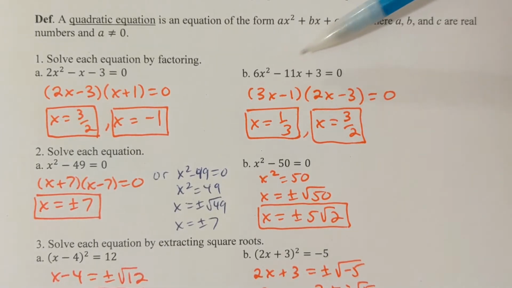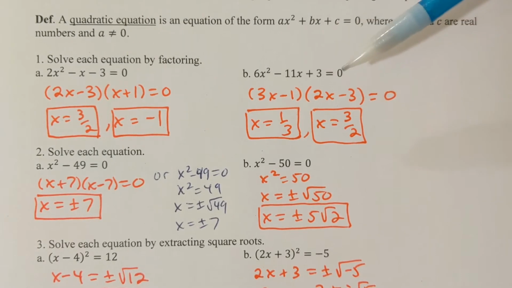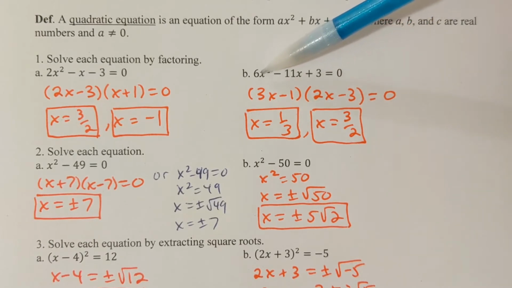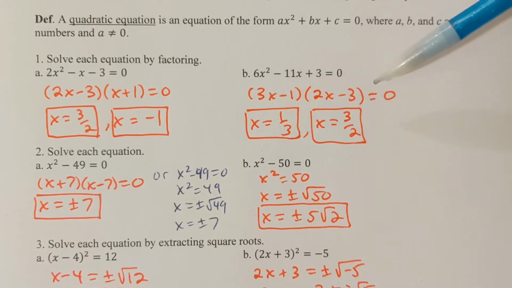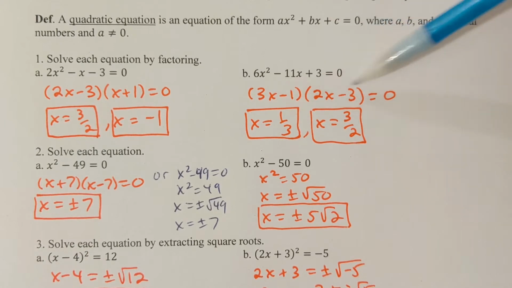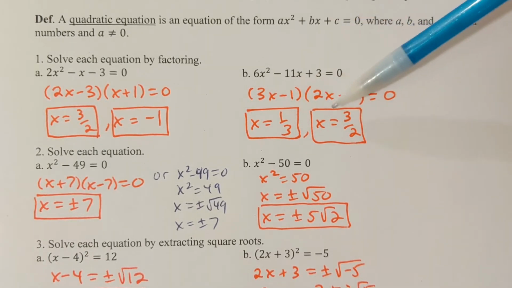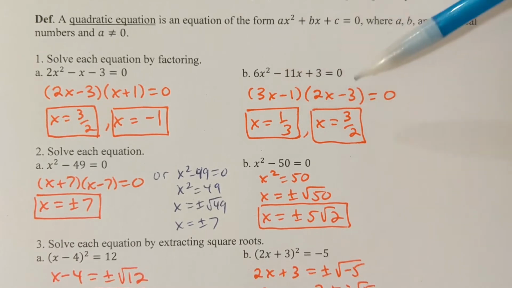Part B is another factoring type deal. Now there'd be more guessing and checking with this, since the factors of 6 would be 1 and 6 and 2 and 3. The factors of 3 are 1 and 3. So if you try 3 and 2, 3x times 2x is 6x squared.